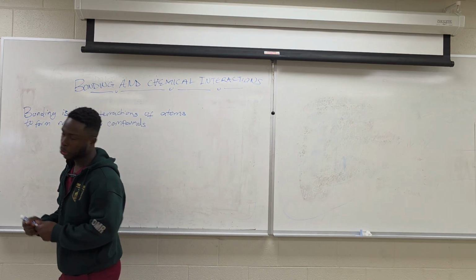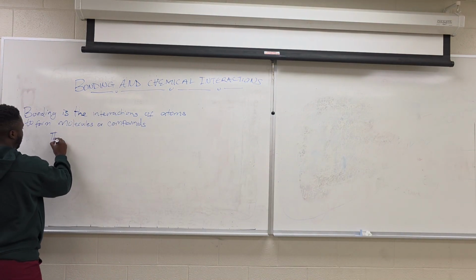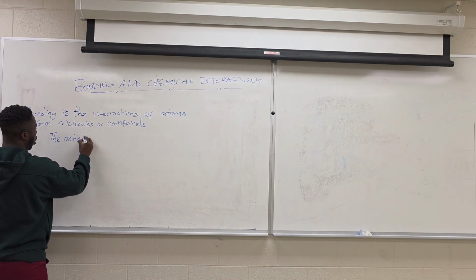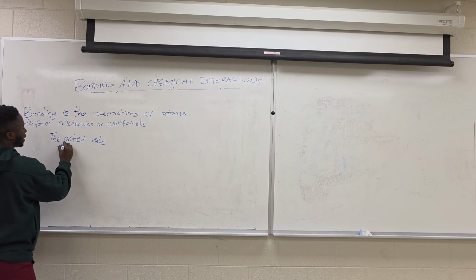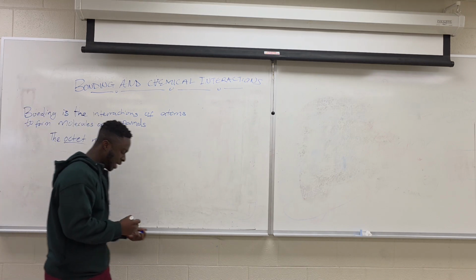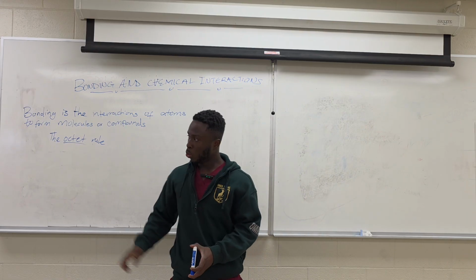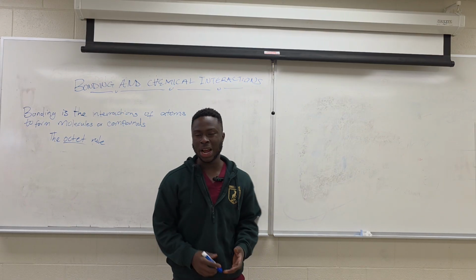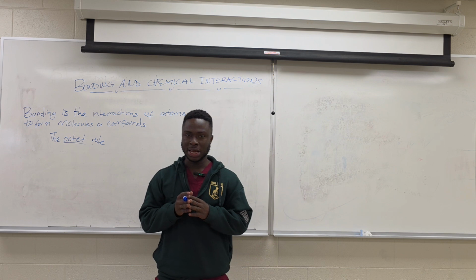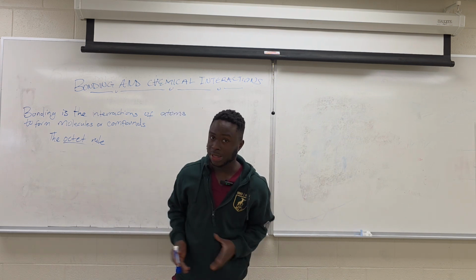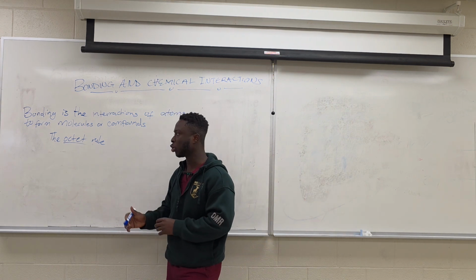They want to obey the rule in chemistry called what? The octet rule. Now, oct is a number for 8. It means 8, which means that atoms would want to have 8 valence electrons on the outermost layer of that specific atom.